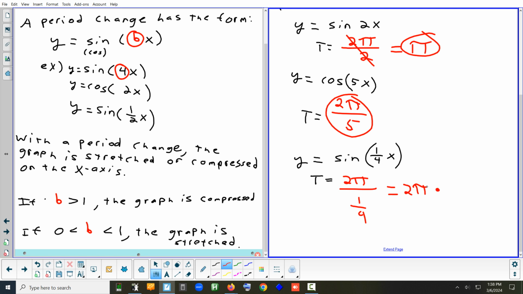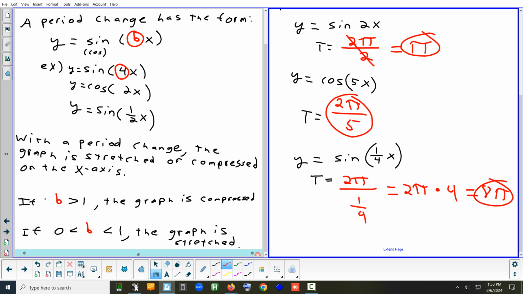By the denominator, so 4. Yeah, by the reciprocal of the denominator. So you keep the top the same, and you flip the bottom and multiply. And once you simplify that, that's your answer. So 8 pi. Is that a bigger period than the original? Oh, yeah. It's 4 times as big because the graph stretched out 4 times as much. Okay.